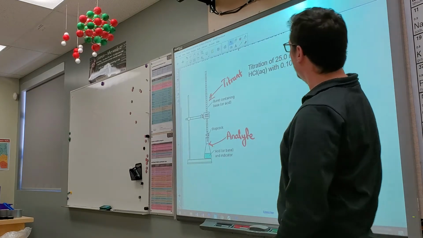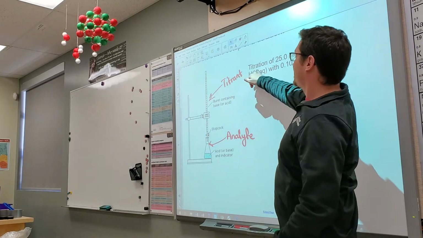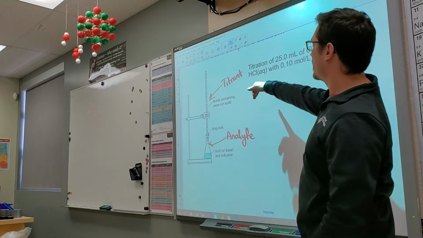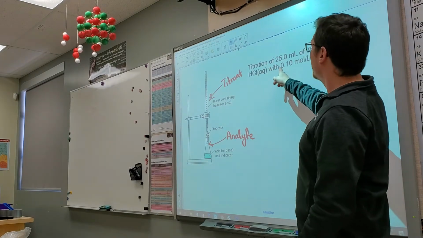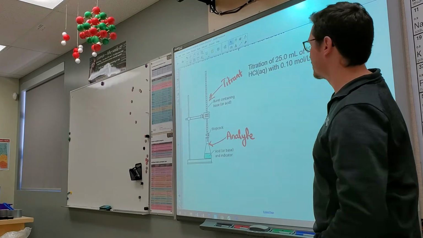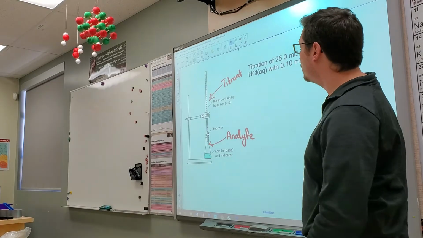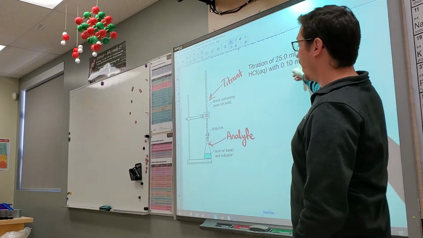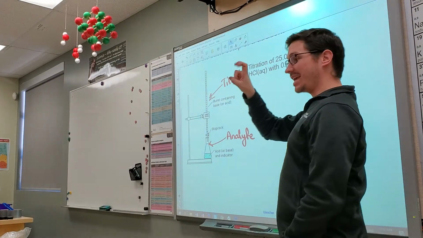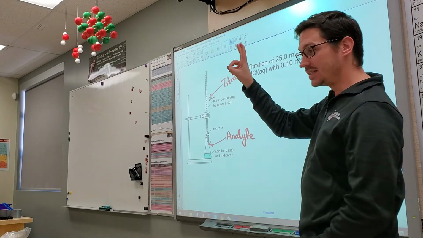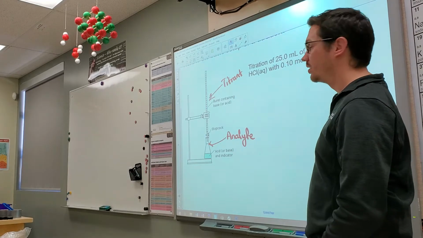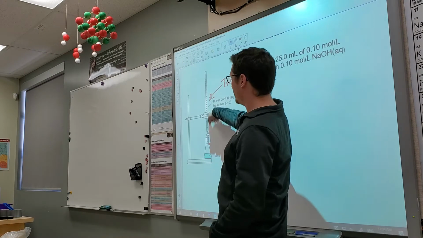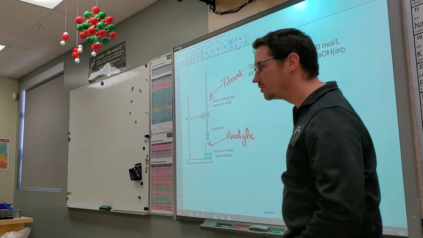So in here, for example, we've got a titration of 25 milliliters of 0.1 mole per liter hydrochloric acid with 0.10 mole per liter sodium hydroxide. Now I'm curious, in this example, the way it's worded right now, what is the sample and what is the titrant? Is the hydrochloric acid the titrant or the sample?